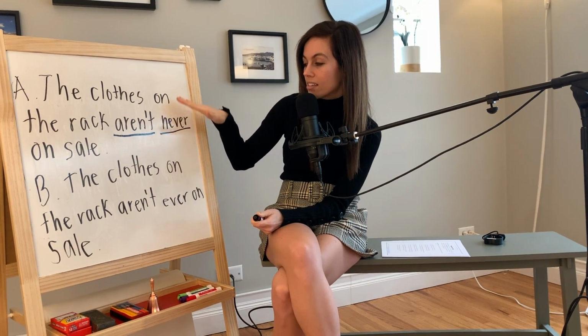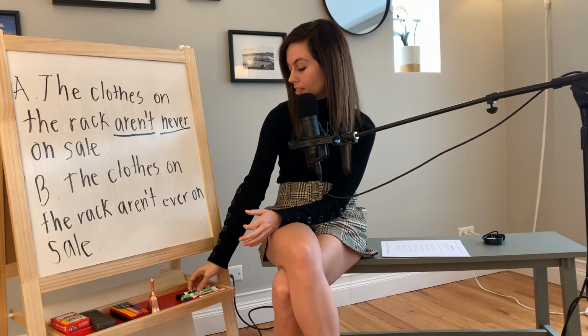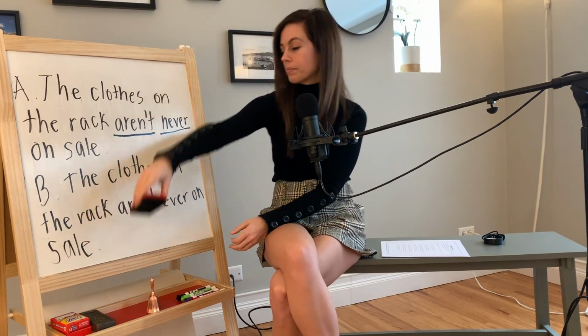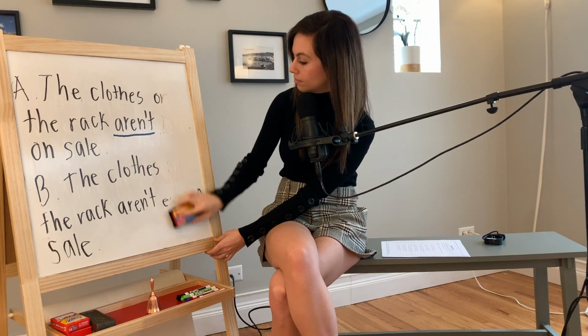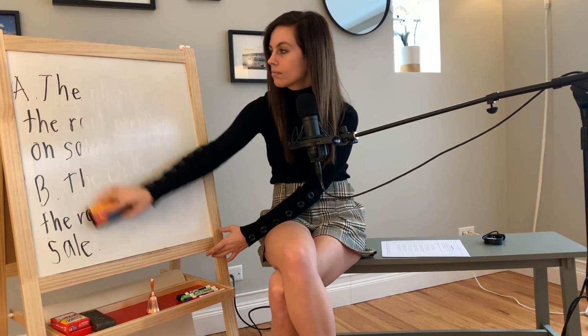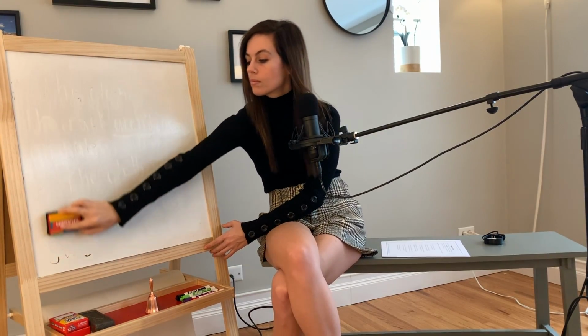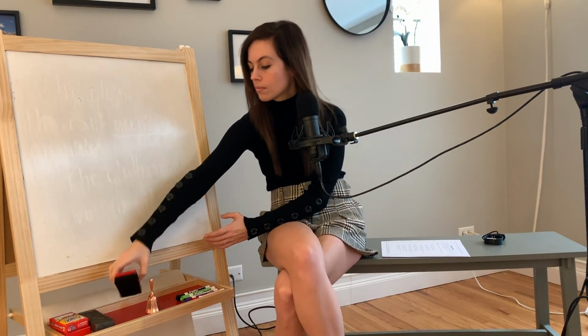So that's not actually saying what you're trying to say. Okay, so raise your hand if you would like to do another one. Okay, so we feel good with this.